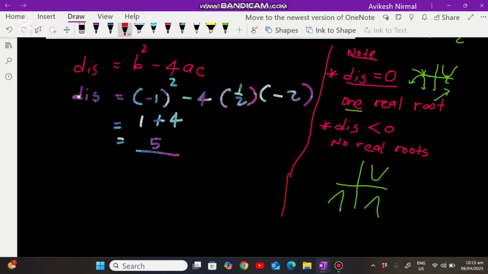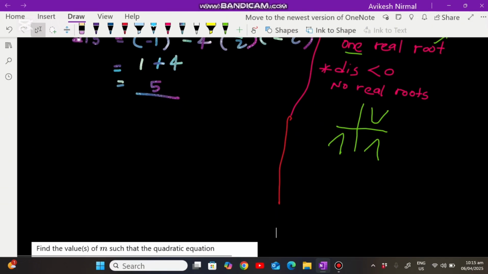And if your discriminant is positive, which means greater than 0, then you will have two distinct real roots, which means different real roots. Your graph can look something like this, where you have a positive and a negative, or you can also have something like this, where you have different roots. Roots basically means the x intercepts.